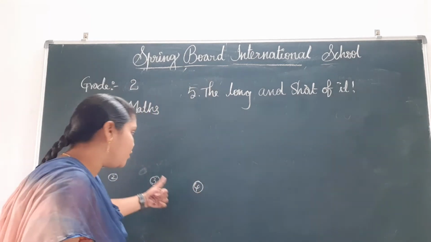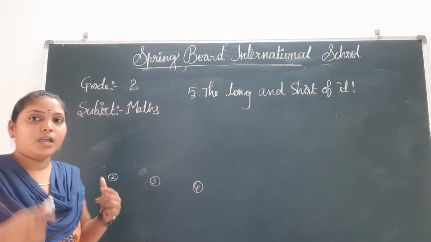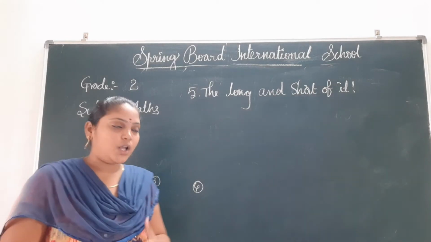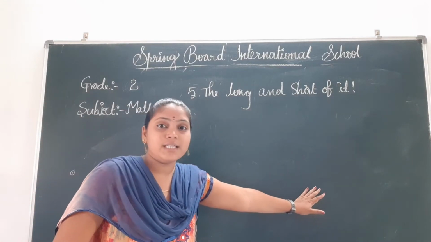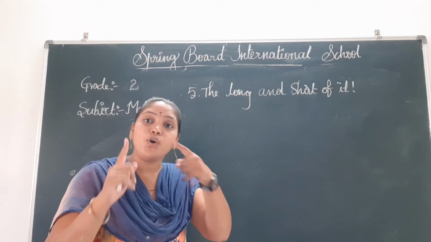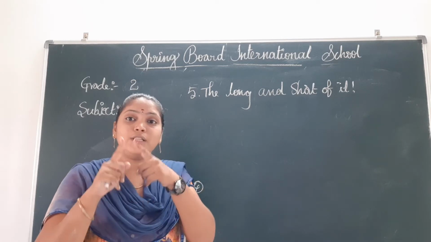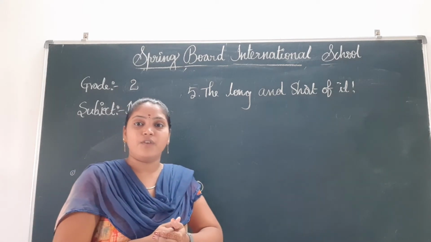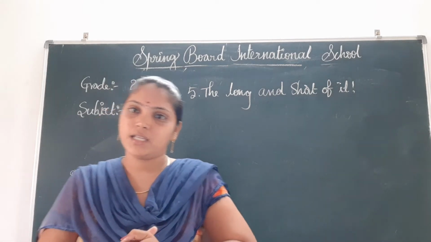For example, if you compare this board, for 7th class children, your hand span is smaller. This board is 10 hand spans, but when you count using your hand span, you get some bigger number of hand spans. Why? Because your hand span is smaller.